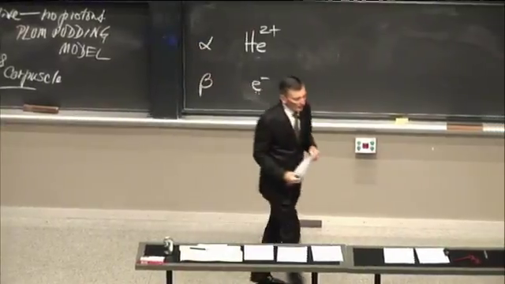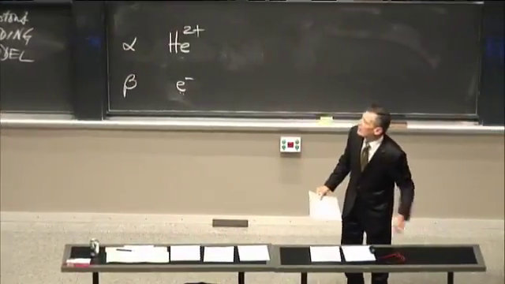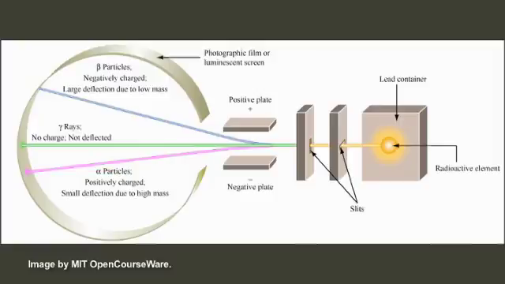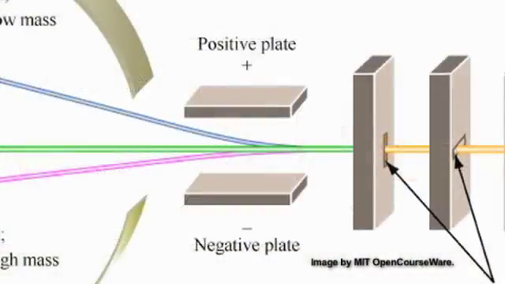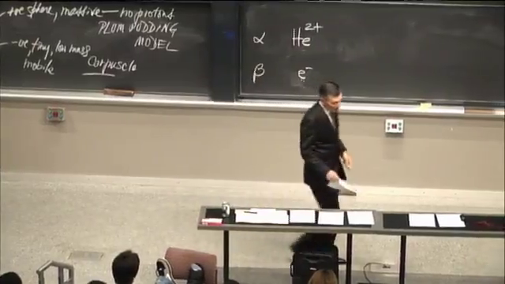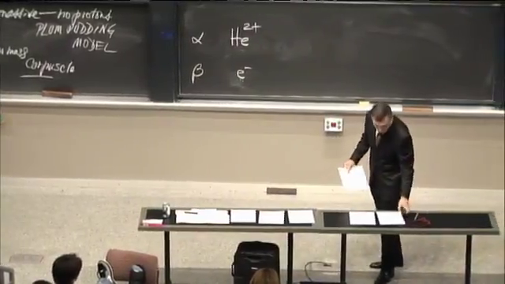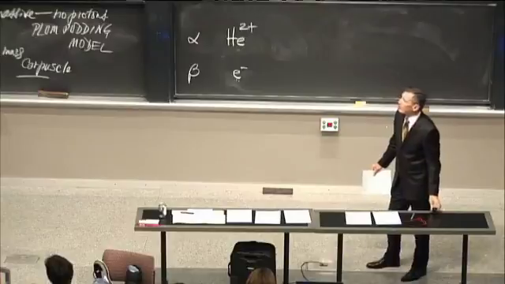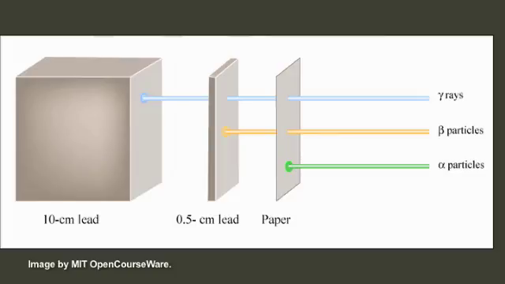And these are taken from your reading, and you can see that if you send the particle beam through charged plates, the negative plate here being the lower plate, the positive particle, which in this case is the alpha particle, will bend down towards the negative plate, and the negative particle, being the free electron, is bent in the opposite direction. So these are the kinds of experiments they would do, and they also looked at their ability to penetrate different media.